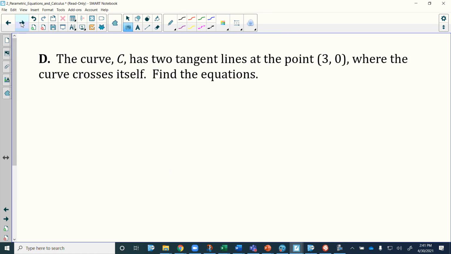And the last part of this first example, it says the curve C, which was the parametric function that we started with, has two tangent lines at the point 3, 0, where the curve crosses itself. Find the equations. So this is no different than a lot of other things that we've done in calculus.